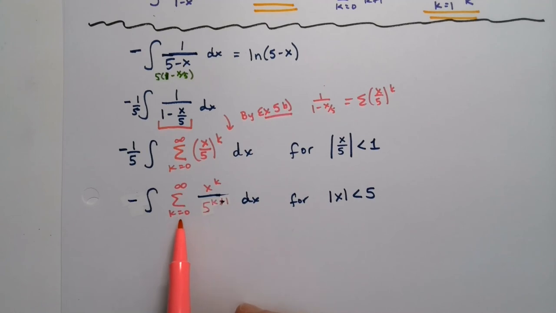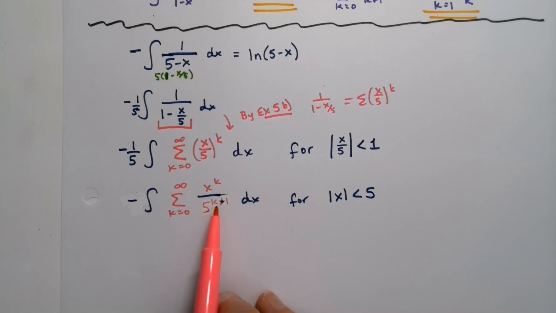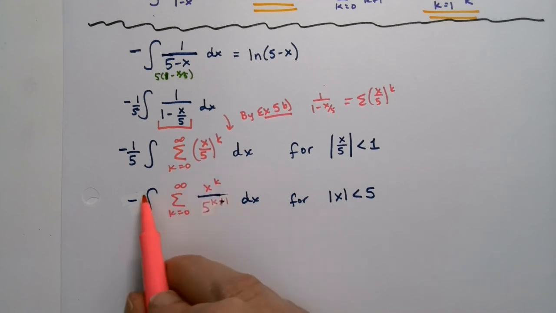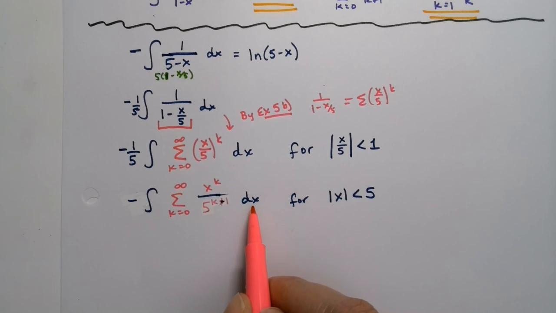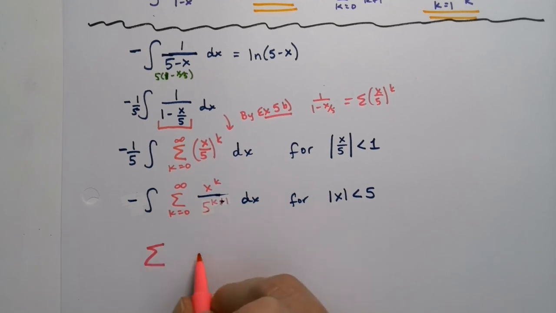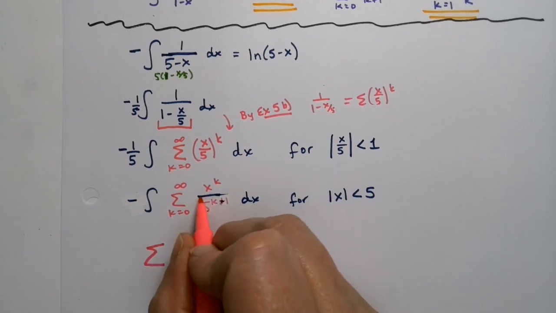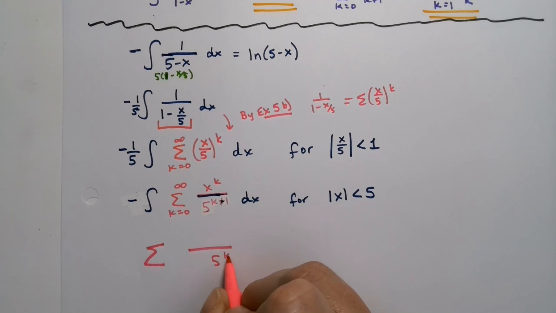Okay, so now let's think about this. You're going to integrate this. Well, the 5 to the k plus 1 doesn't really change, so we're not worried about that. What we need to think about is when you're integrating with respect to x. When I do this integral, I'm still going to have a sum, and it's still going to have a fraction, and it's still going to have a 5 to the k plus 1, right?